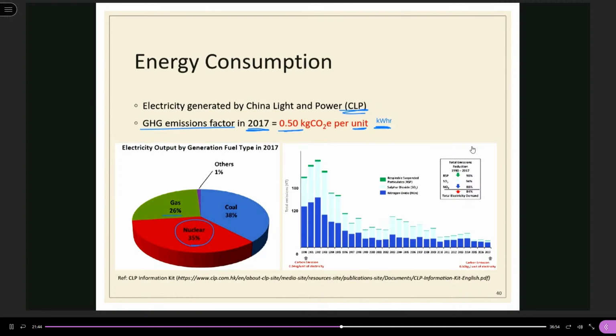It is very controversial whether nuclear power is good or not. In terms of carbon dioxide emission, it is a good energy source because it is very efficient and it won't produce very much carbon dioxide. But of course, there is a risk for nuclear leakage.